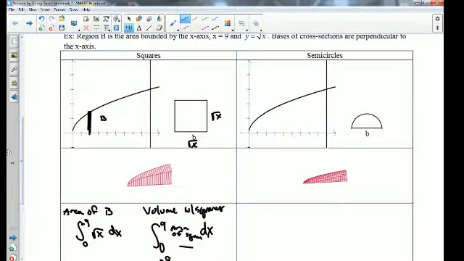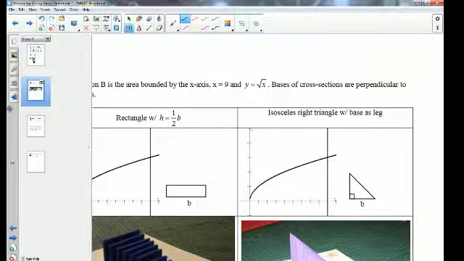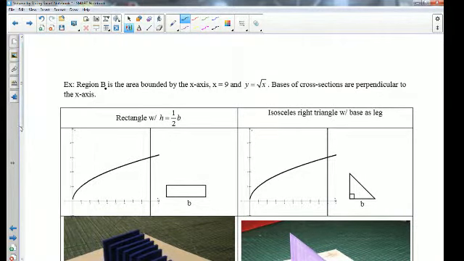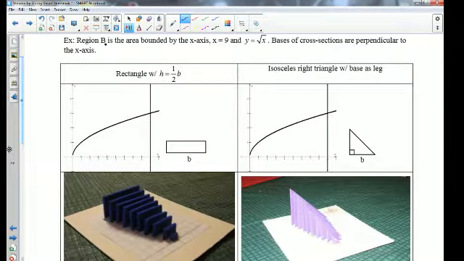I'm going to move to this one. It's a little bit more straightforward. Okay, so we have actual pictures of the shapes this time, just like you guys created. Okay, so let's do this triangle.